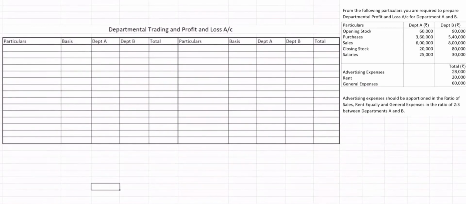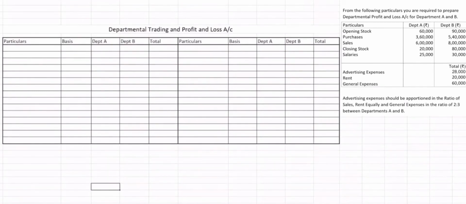So opening stock 60,000 and 90,000, purchases 3,60,000 and 5,40,000, sales 6 lakhs and 8 lakhs, closing stocks 20,000 and 80,000, salaries 25,000 and 30,000, and the expenses which are not divided among the departments, that is advertisement expenses 28,000, rent 20,000, general expenses 60,000. These three expenses we are going to divide according to the information provided.